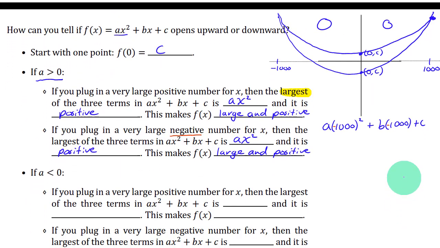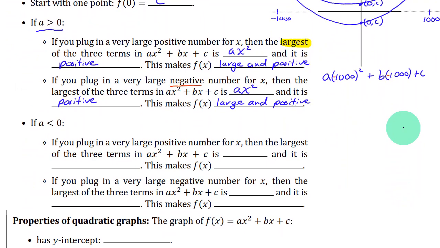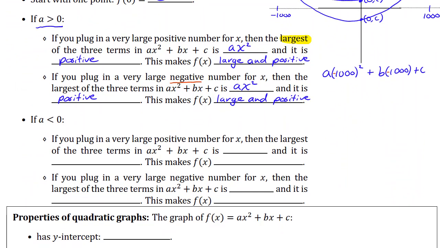All right. Let's look at if a is less than 0. So if a is less than 0 and you plug in a large positive number for x, then let's see, when we do this time a times 1,000 squared plus b times 1,000 plus c, we are now plugging in a negative number for a.